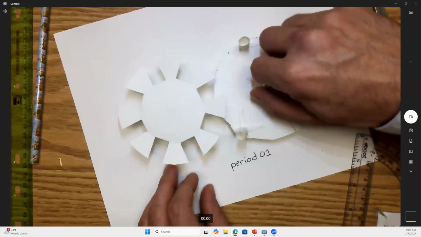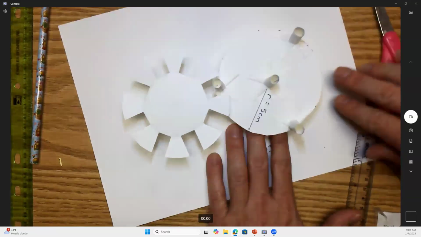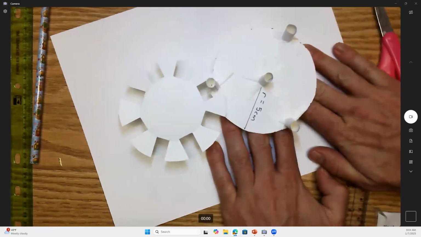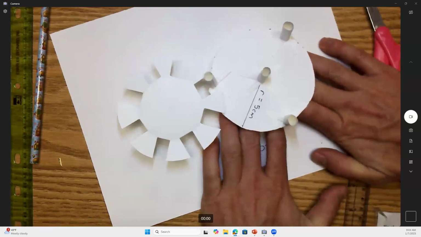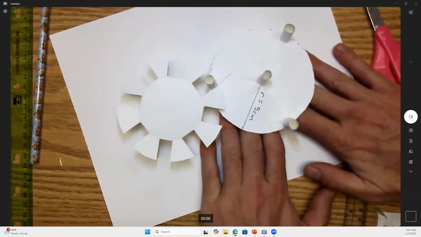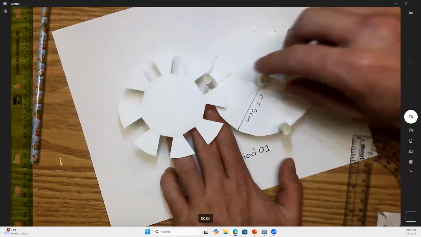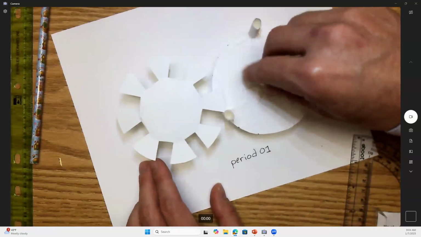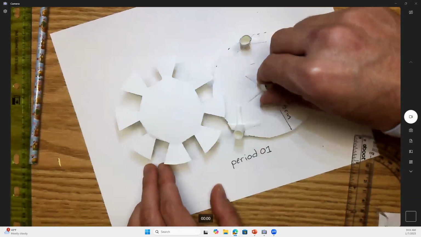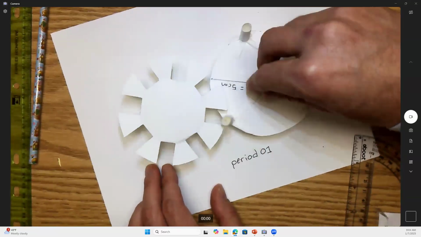That's looking pretty good. A little tiny bit closer. Yeah, all right.